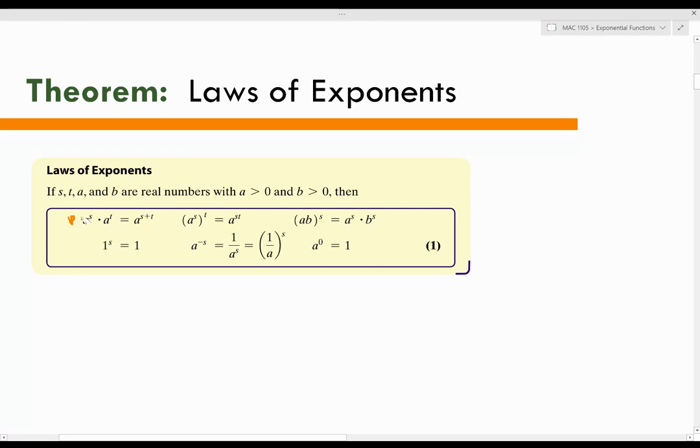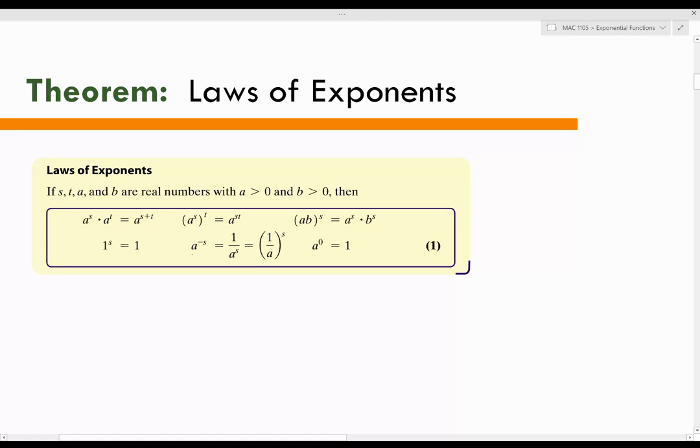Our second rule says if we have a power raised to a power, we multiply the powers together. Our third rule says if we have a product, meaning two things being multiplied together, and you're raising that product to a power, it's the same thing as raising each factor to that power. This rule says that 1 raised to any power is just 1.